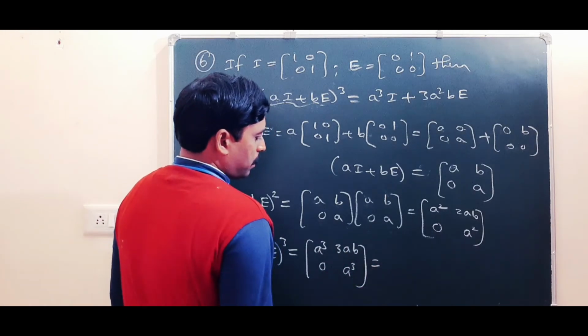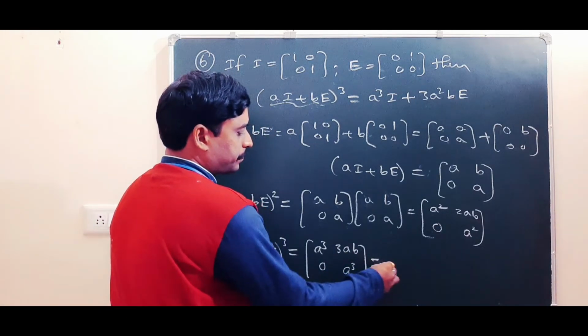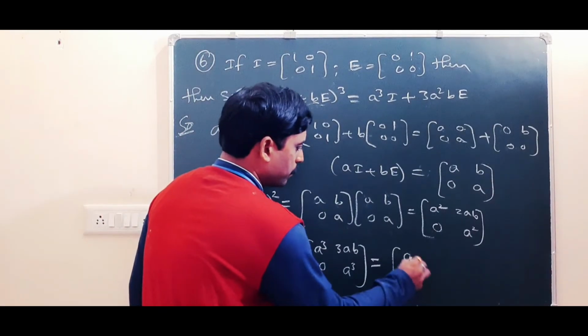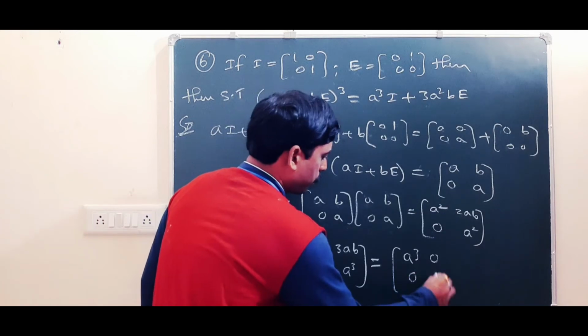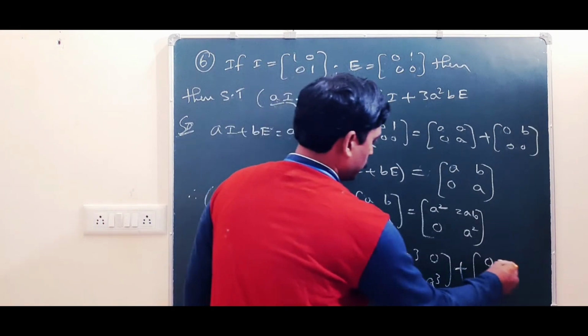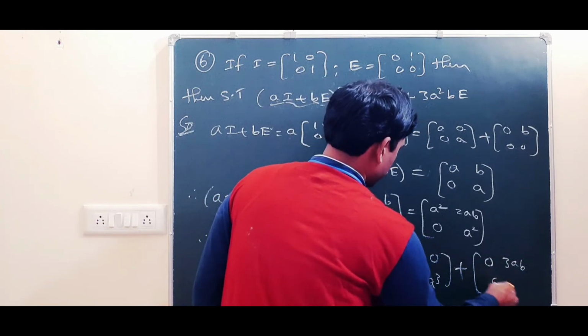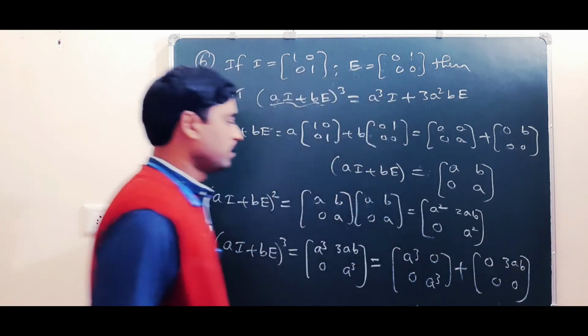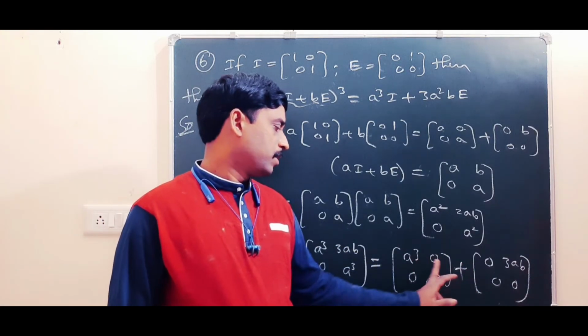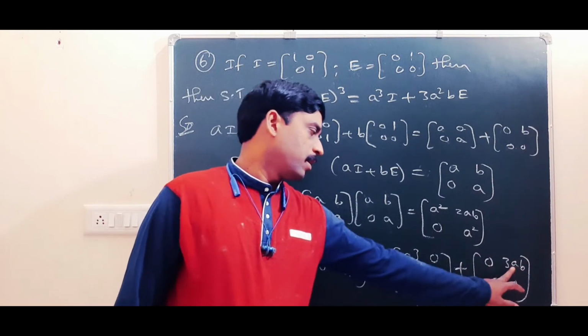Similarly, (AI plus BE) whole cube equals A cube 3AB 0 A cube. It can be written as A cube 0 0 A cube plus 0 3AB 0 0.